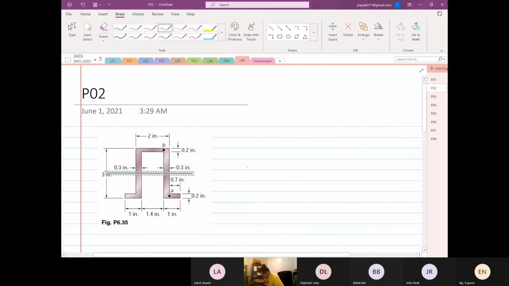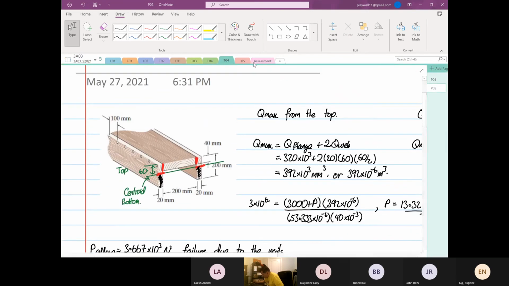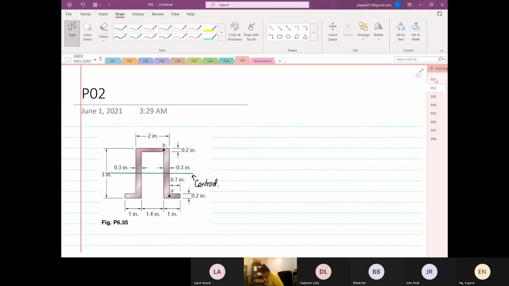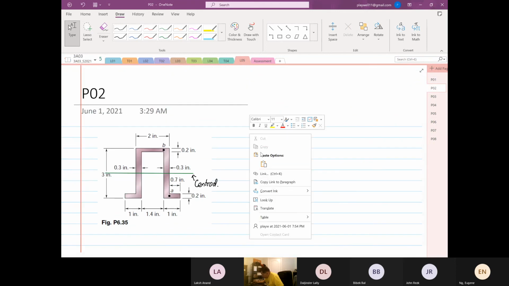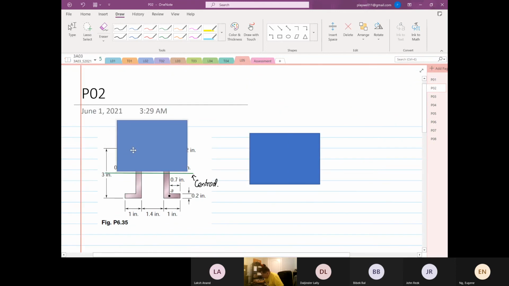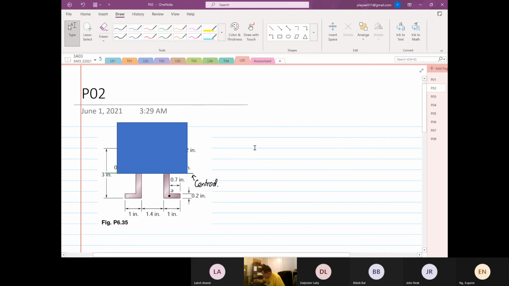Okay, so this is our centroid. And then next, I'm going to cover the top. Then I'm going to construct the shear flow. We're going to construct the shear flow.